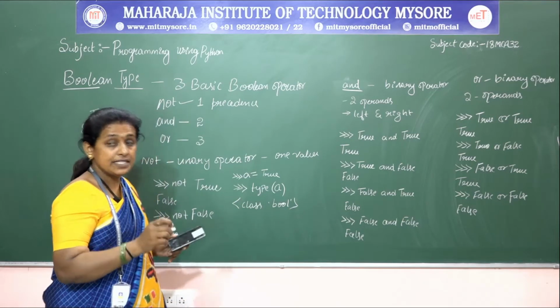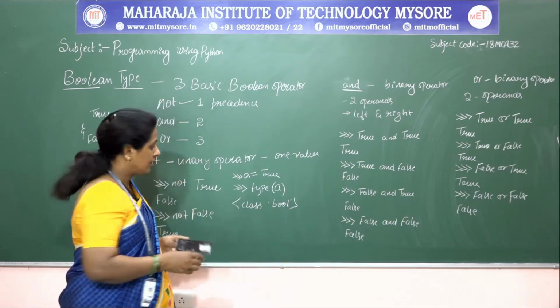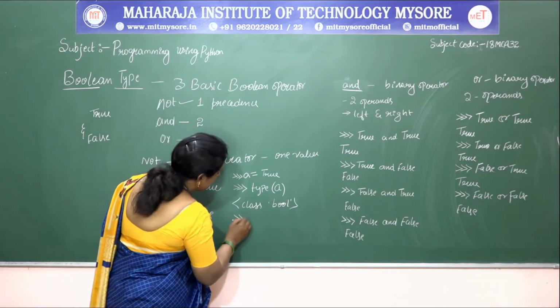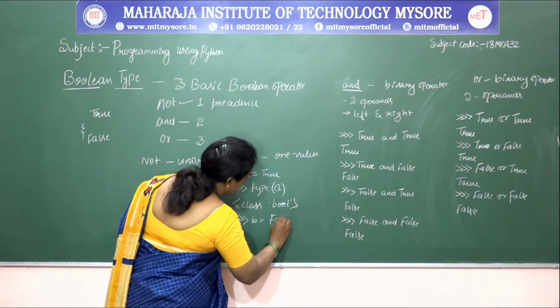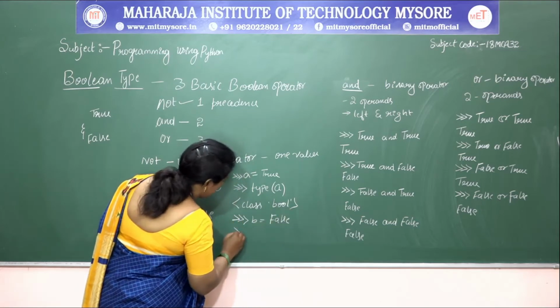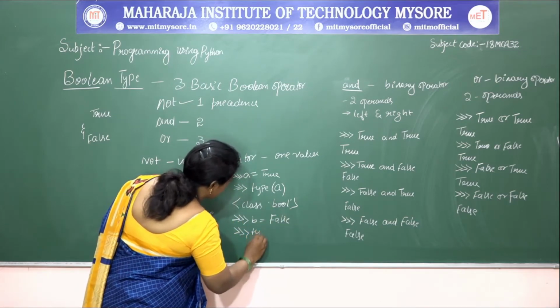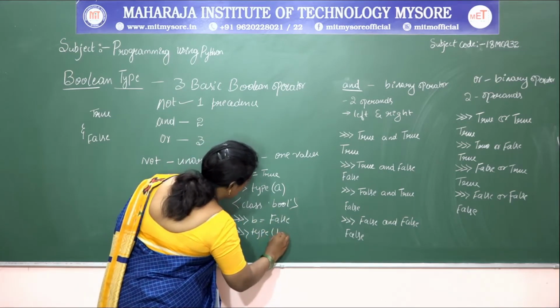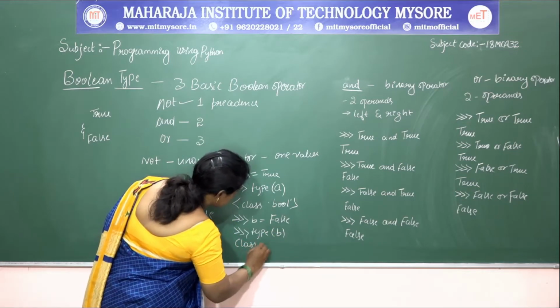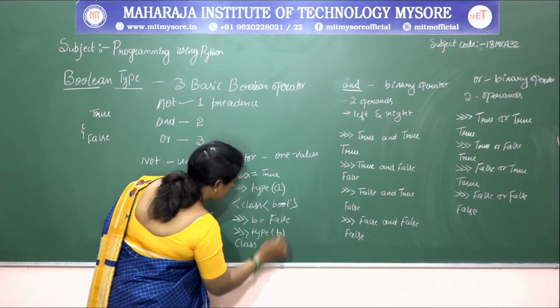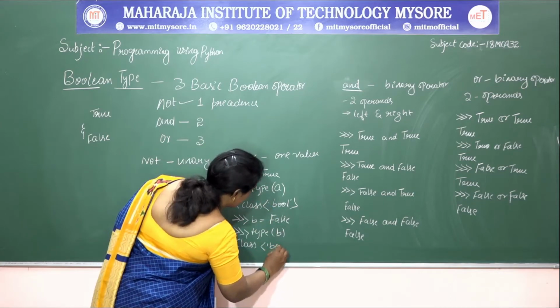Let us consider one more: B equal to false, then check type of B. This will also give class bool.